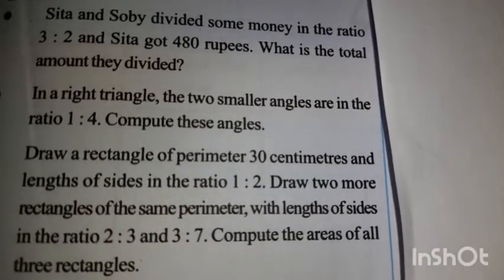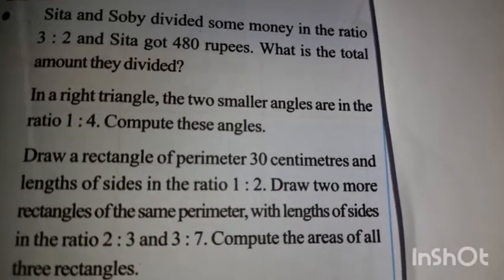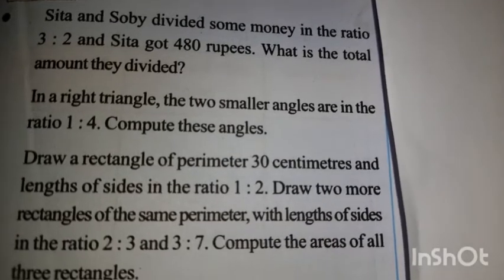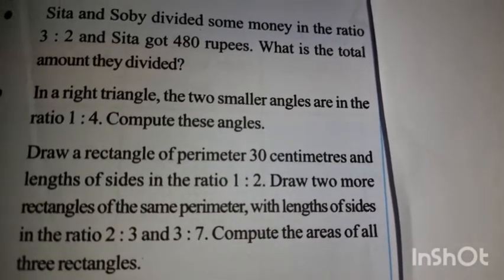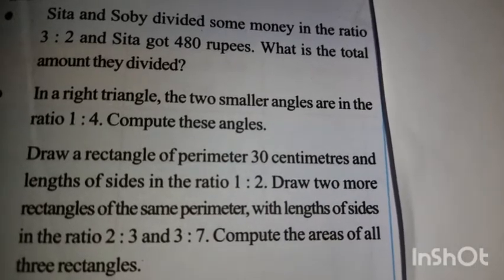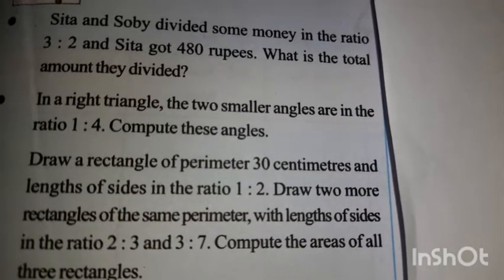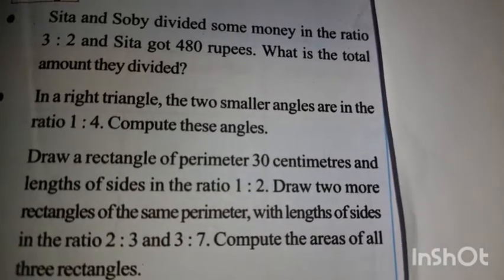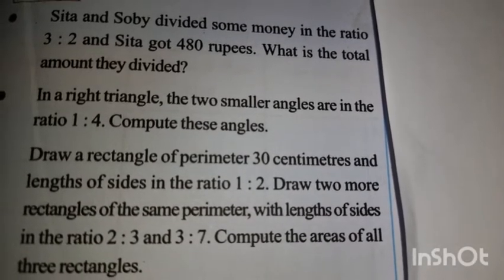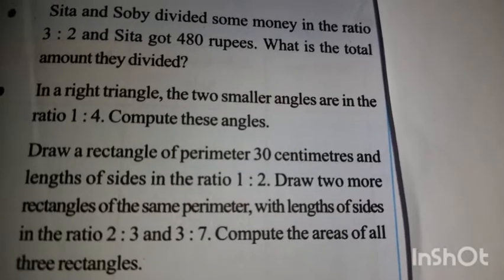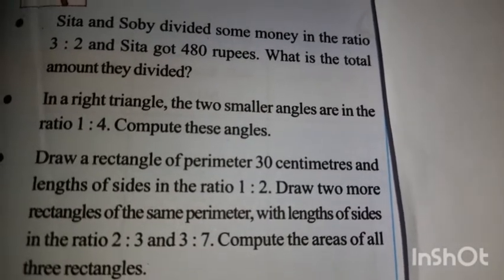Sita and Sobi divided some money in the ratio 3 is to 2. Sita got 480 rupees. What is the total amount they divided? So they divided some money in the ratio 3 is to 2. So Sita got one part more. Okay. Sita got 480 rupees. So the amount is given, 480 rupees.